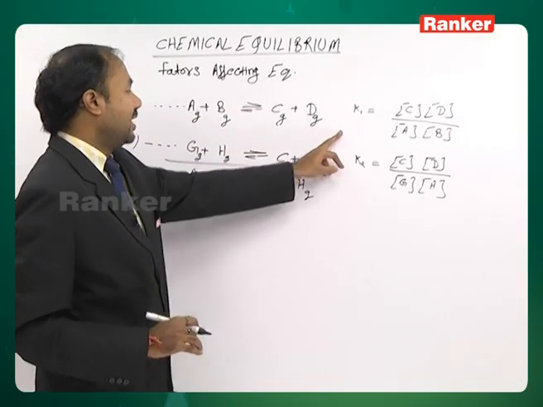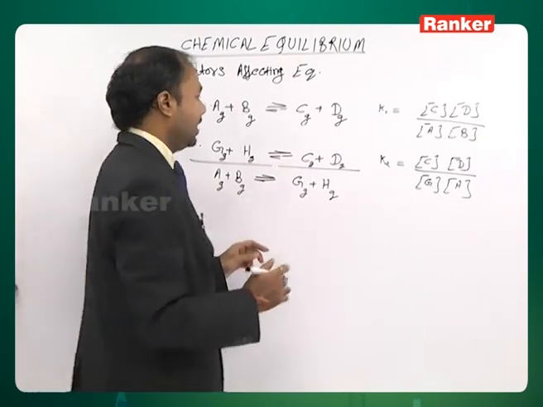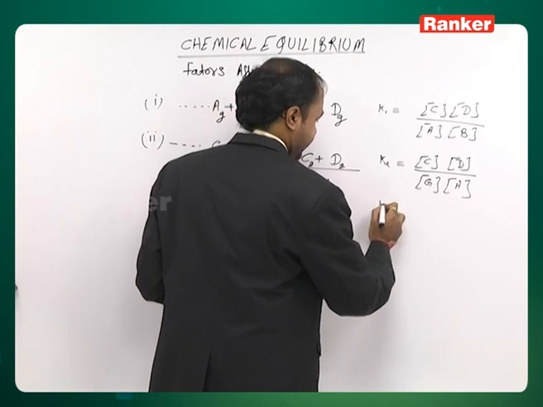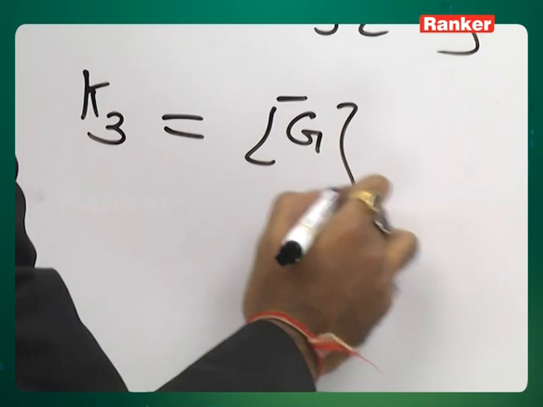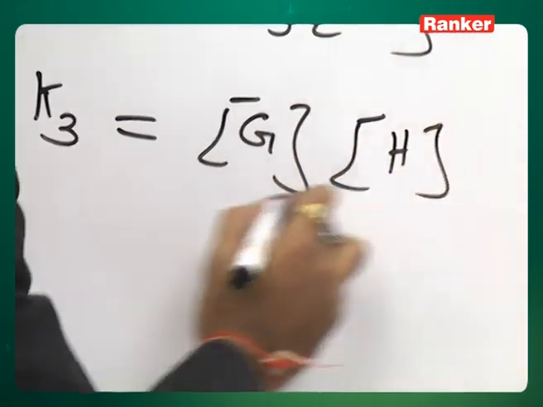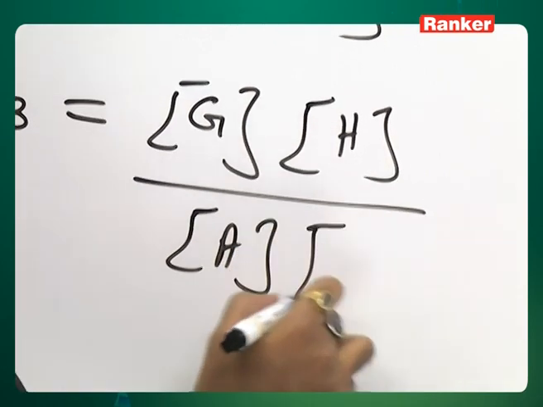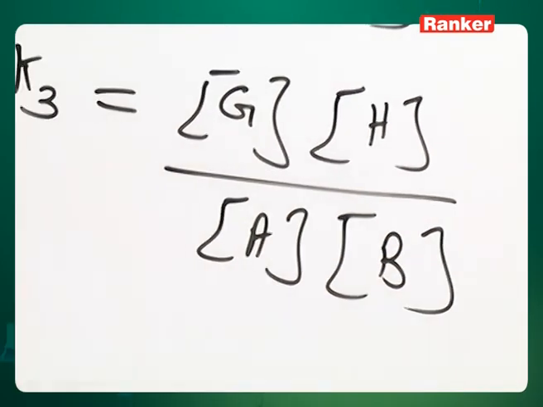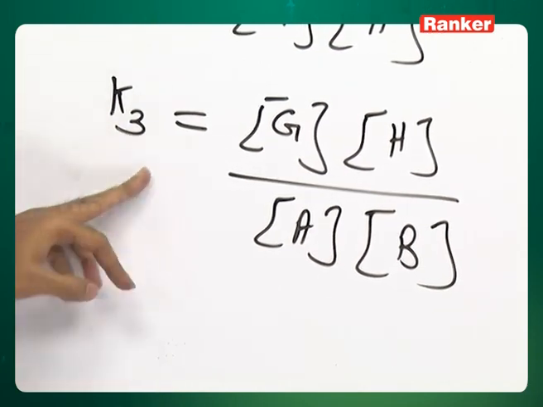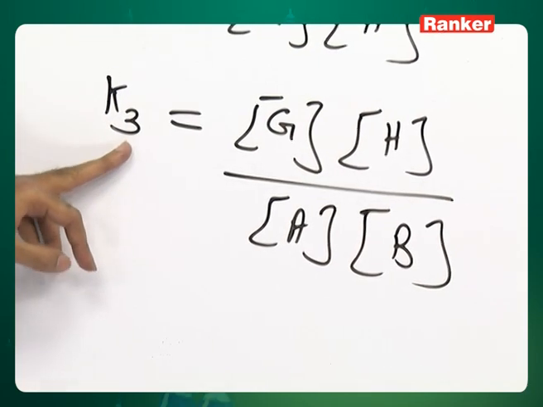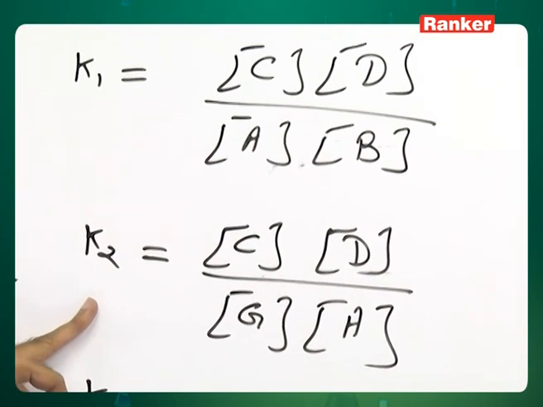Right. We write now the third equilibrium constant for the third expression, the resultant one, and for this K3 will be equal to concentration of G into H upon concentration of A into B. Now see, to obtain the third equilibrium constant, we will have to divide the first equilibrium constant by the second equilibrium constant.